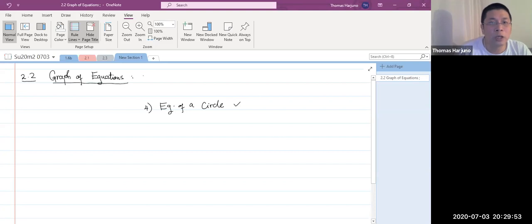Things that we will learn here. The first one is basic graphs. Or maybe to be more precise, graphs of basic functions, or I should say basic equations.